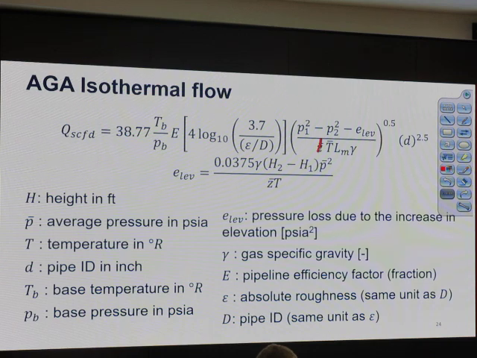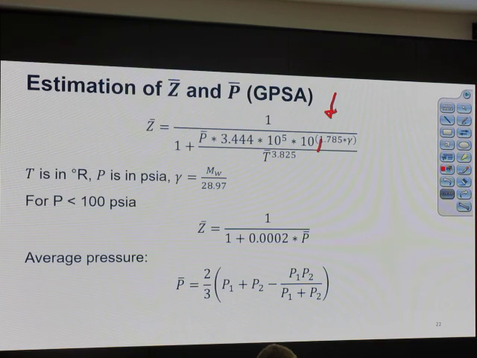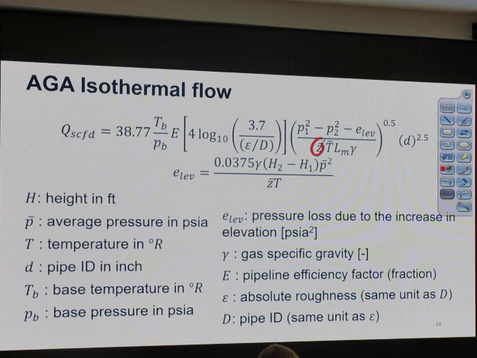Do the calculation, get the pressure drop, get the pressure at point 2. Once you know it, go back and calculate the average pressure, then calculate the compressibility factor again. Put it back into this equation and calculate again. Then you get the new pressure at point 2. Keep doing that until it converges.